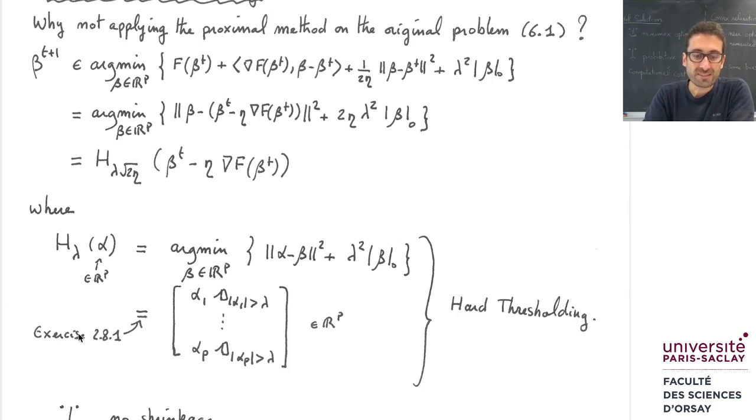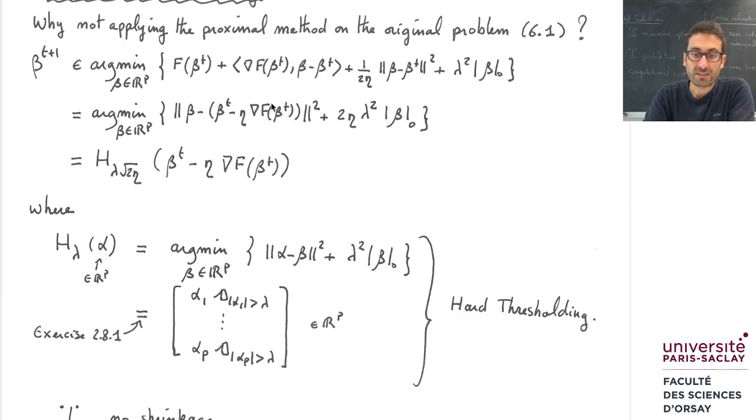And as you have seen in the exercise 281, the hard-thresholding estimator, so the hard-thresholding, is solution of the minimization problem, where we look at the least square plus lambda 2 times the L0 pseudonorm.